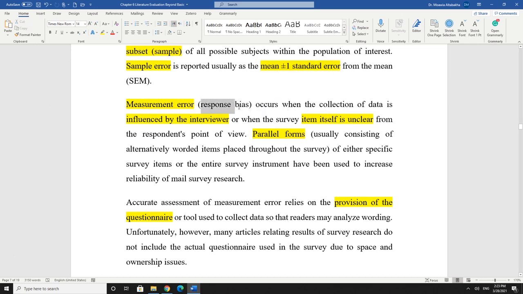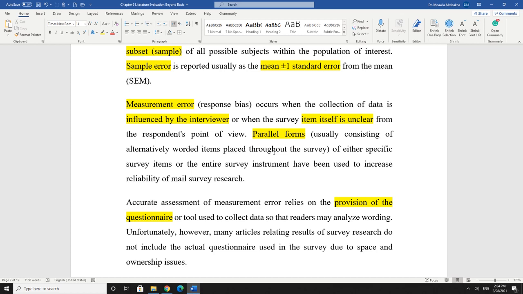We call it response bias. But sometimes it's not because of the interviewer. Just to let you know, I have found that many students do not write their questionnaires in a well-written way.